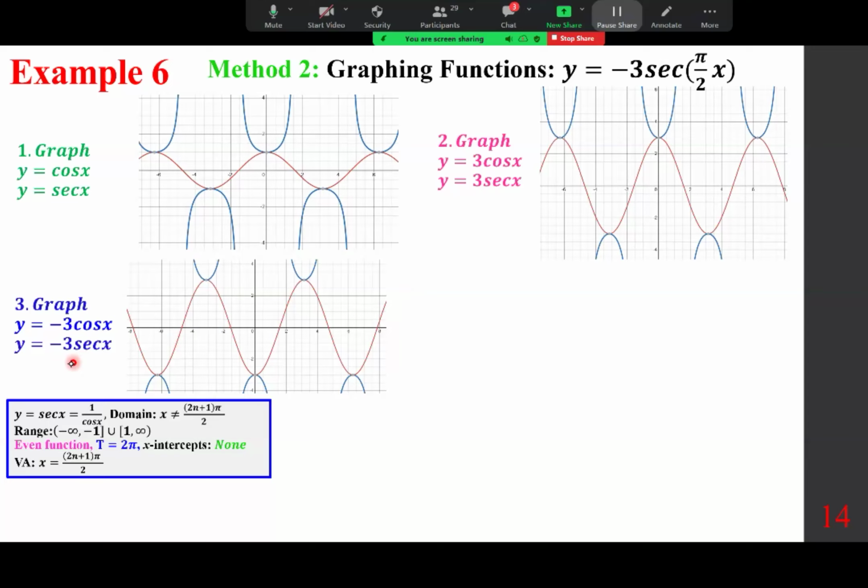The period is 2 pi, but for this one it is 2 pi divided by pi over 2. To get this, we have to write the new T, which is 2 pi over 2, which is 4. So what happens is that over here it goes from 0 to 2 pi.